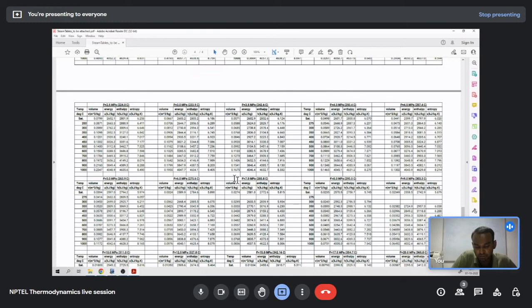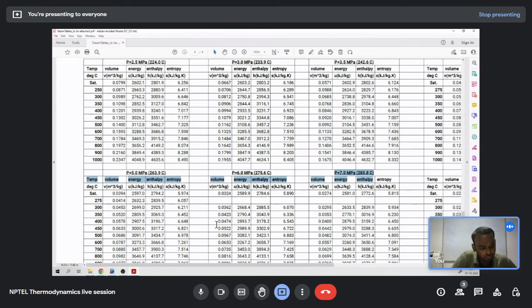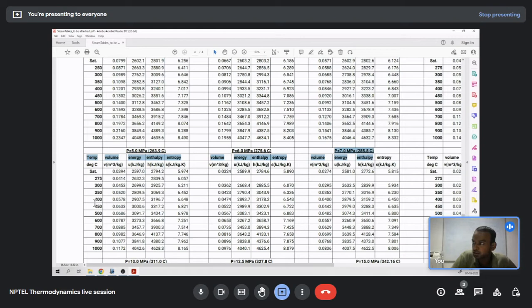So for the 7 megapascal we have the table here. For temperature of 450 degrees Celsius, the properties are given here. For 7 megapascal and 450 degrees Celsius of the superheated steam, the enthalpy is given as 3288.3 and entropy is 6.635.